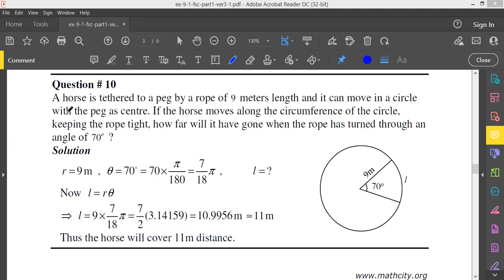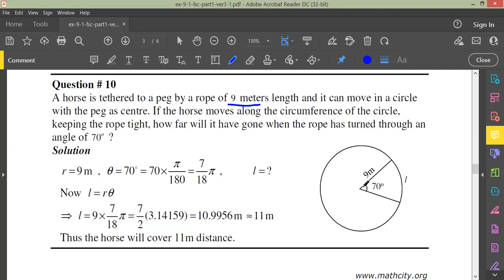Okay, our question number 10: a horse is tethered to a peg by a rope of 9 meters. So this is a circular track and a horse is running, tethered to a rope.